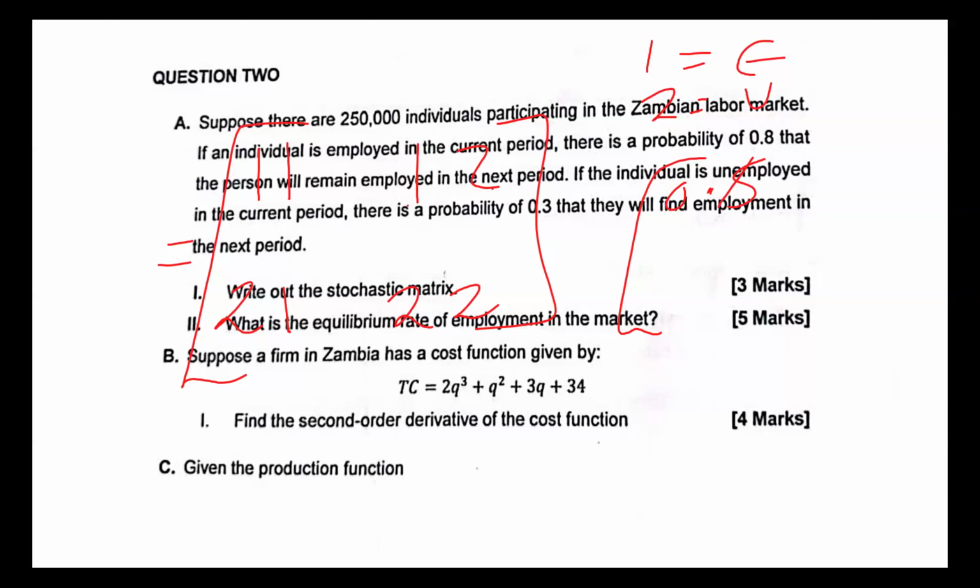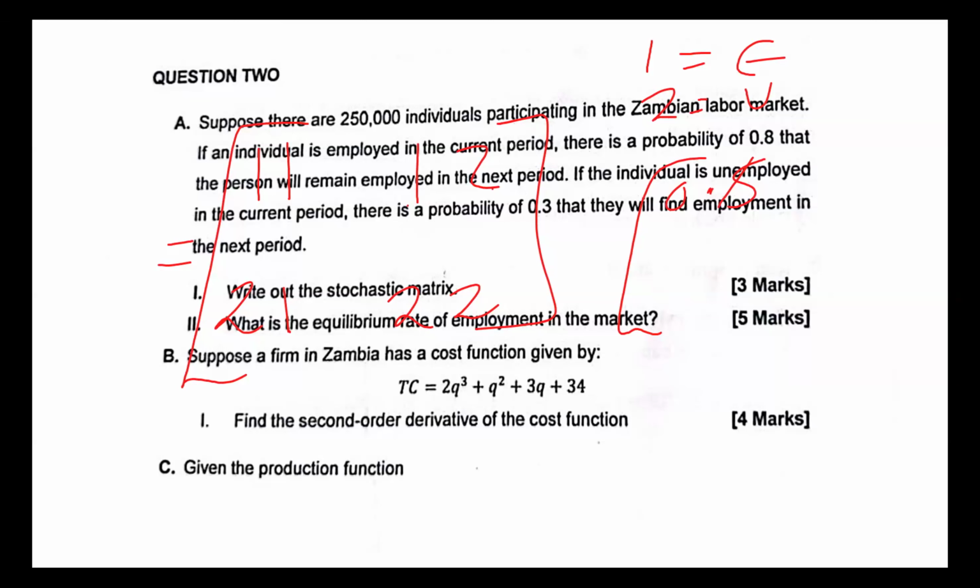Where do we put that? Unemployed in the current period, then employed later. It's below 0.8.